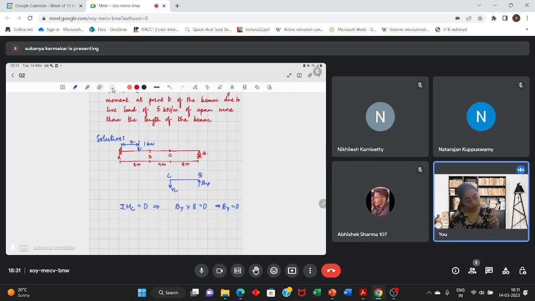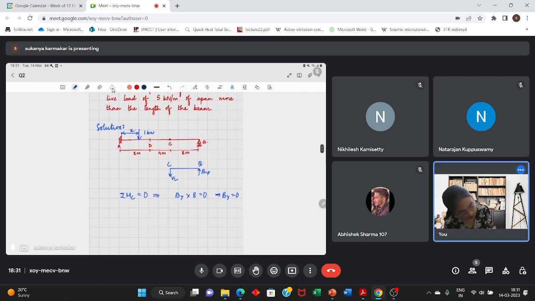Now, consider the entire structure. On the entire structure, consider summation of Fy equal to 0. Here you have By, here you have Ay, and you have a moment at A. So Ay plus By is equal to 1. By is 0, so Ay is equal to 1. This I've calculated.